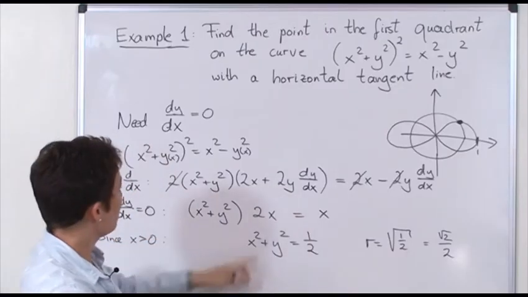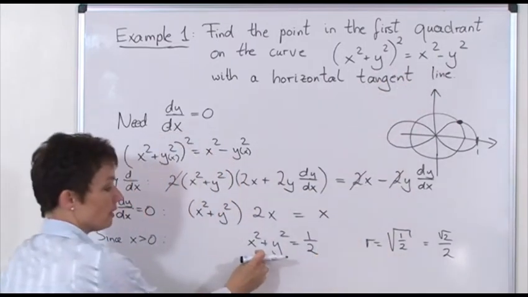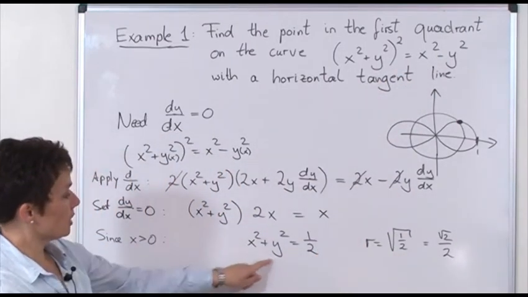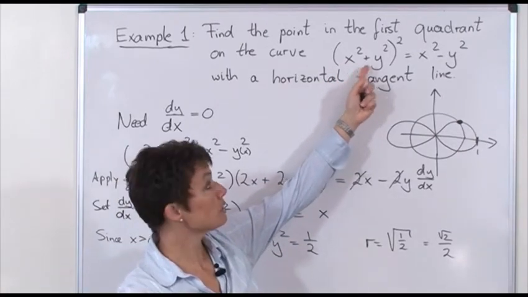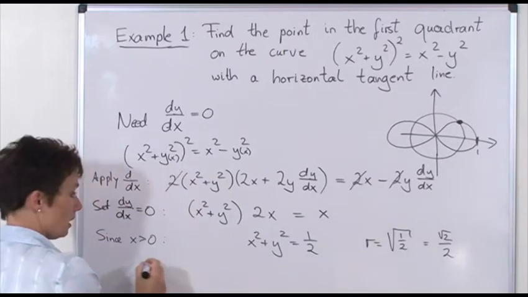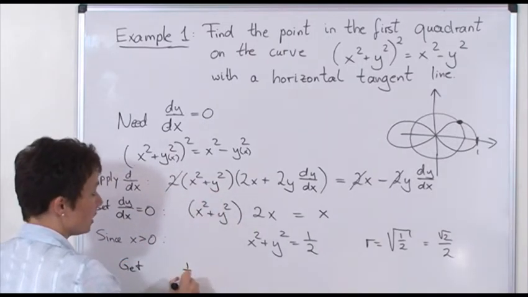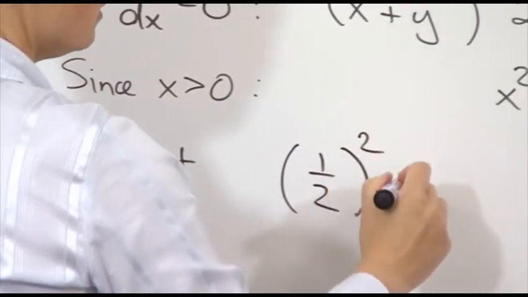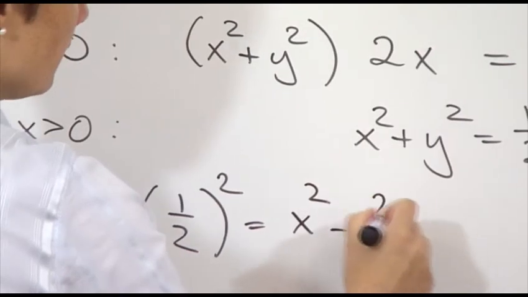So we need to find the point which satisfies both of these equations, this one and this one. So we can just take this equation and replace the term x squared plus y squared in here by 1/2. So we'll get that (1/2) squared must be equal to x squared minus y squared.